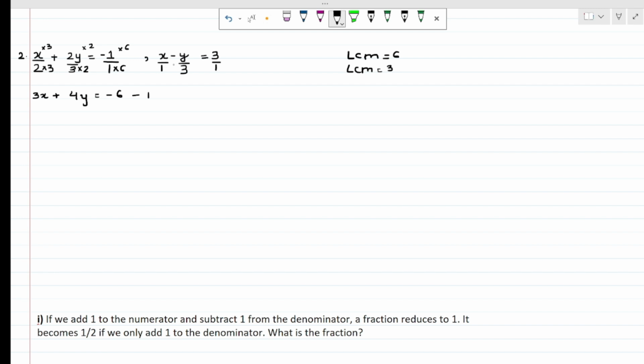So I need to convert the whole equation in the denominator of 3. So 1 should be multiplied by 3, and whatever I am doing in the denominator goes the same for the numerator. 3 will get multiplied by 1 and 1 will get multiplied by 3. So our new equation will be 3x minus 1y equals to 9.